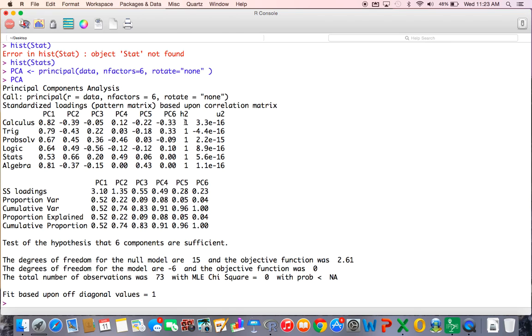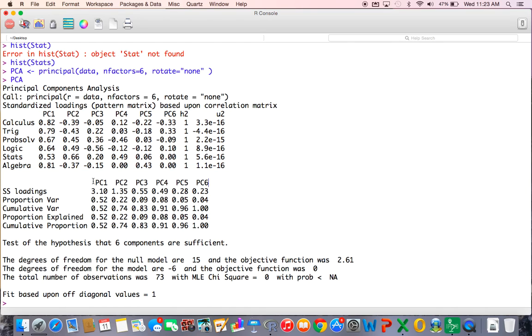Remember running that through, it's not a saturated model, but you can kind of think about it. We've retained all the components. We're explaining all the variation in calculus, trig, so on and so forth through these components because we have everything included. So guys, in the initial run, what I've got highlighted right here is pretty much irrelevant.